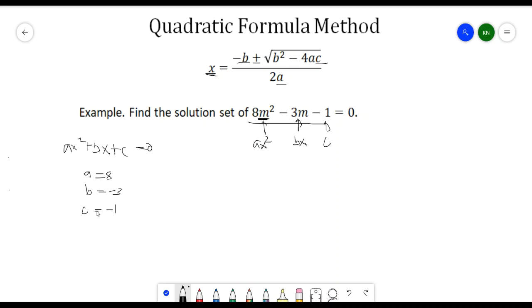So from that, we already have the values of our a, b, and c, meaning to say we can already substitute that here in our quadratic formula.